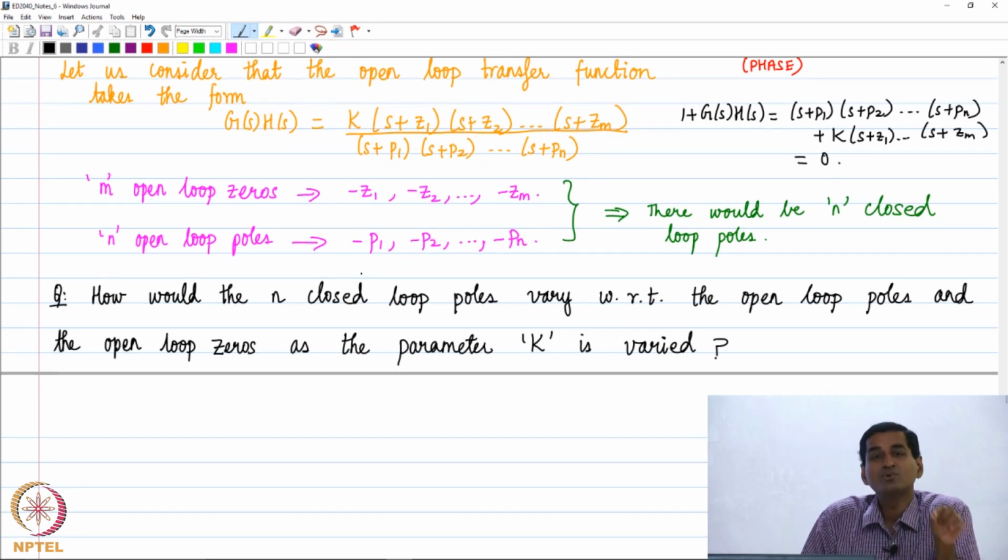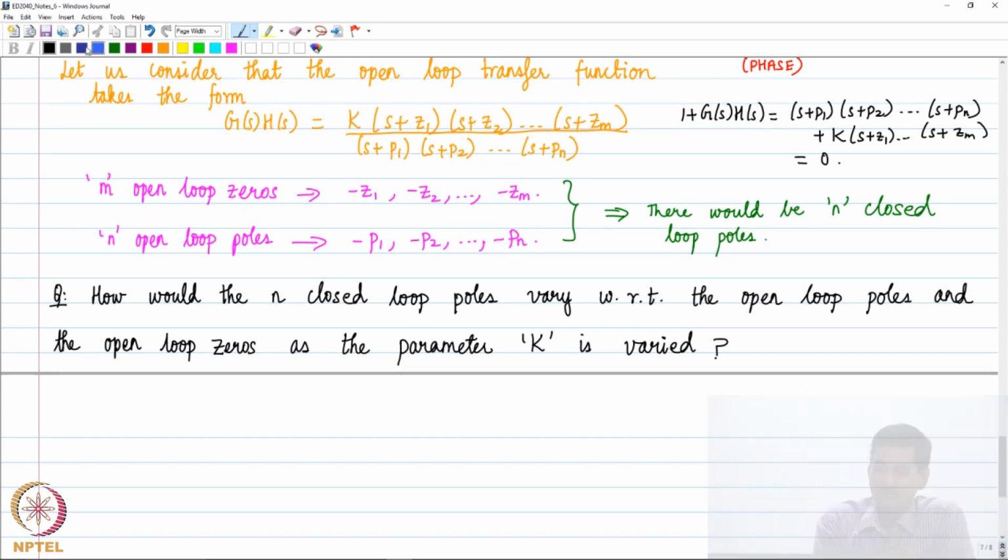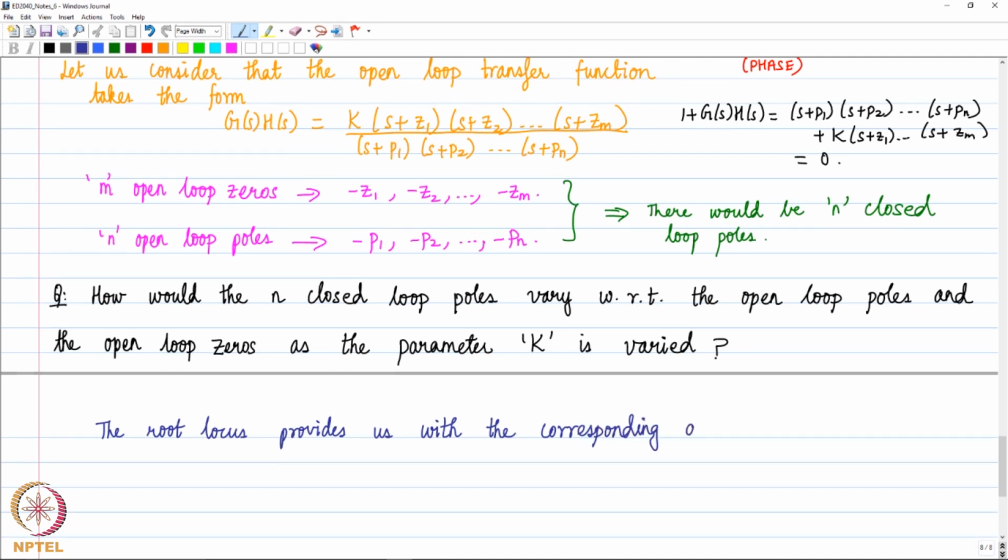The answer is that the root locus provides a graphical representation, a graphical visualization.